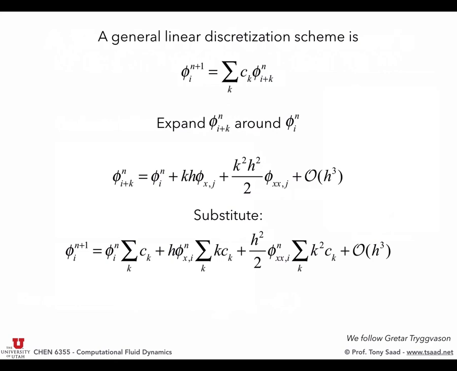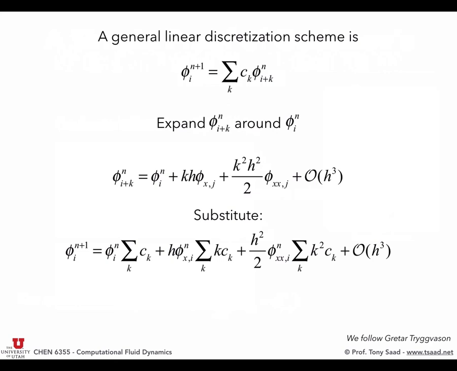So that's locally second order. So I'm going to expand the n+1 value and the i+k value up to second order accuracy. I'm going to neglect terms of order h cubed, because I want to prove the theorem for at least second order accuracy. Okay? All right.